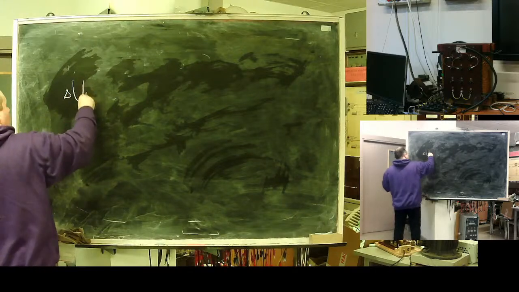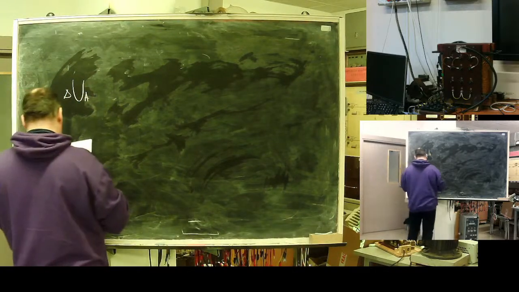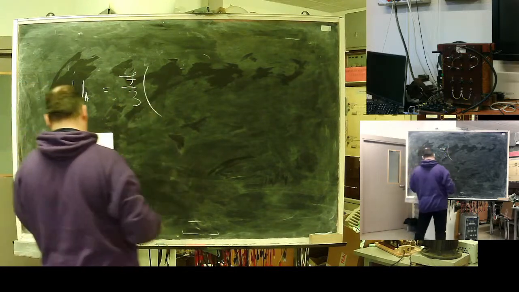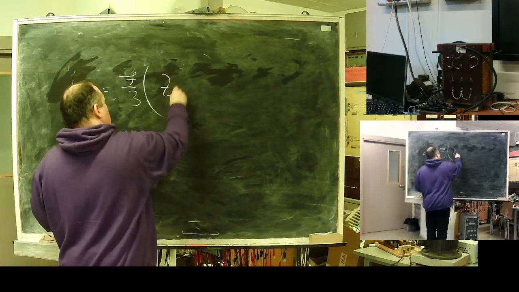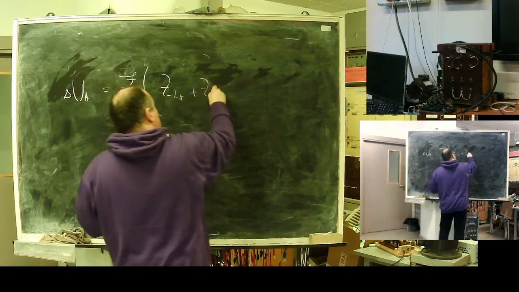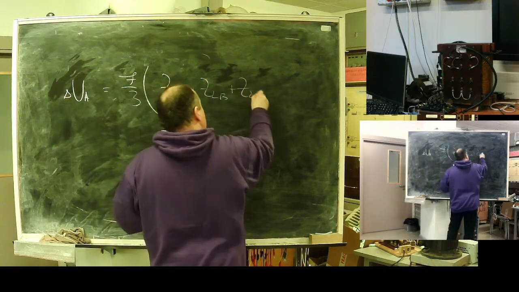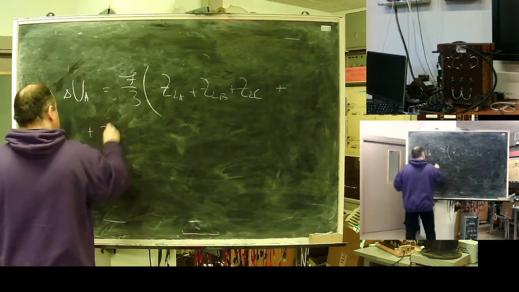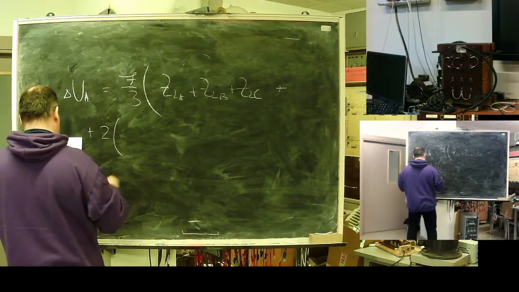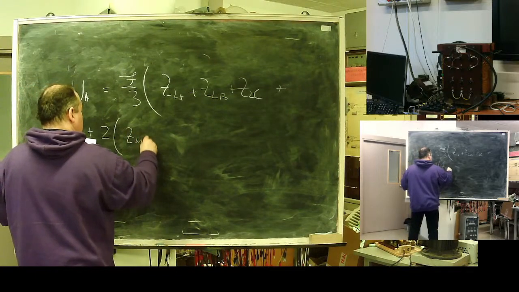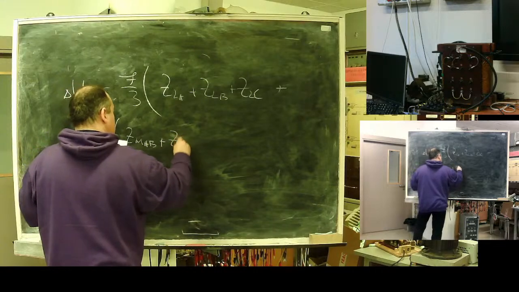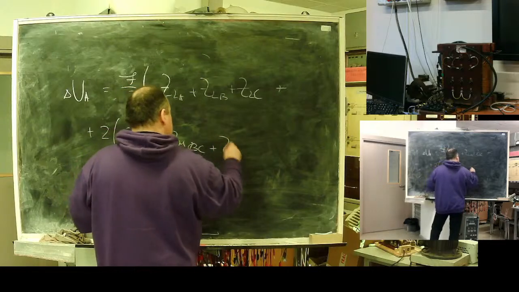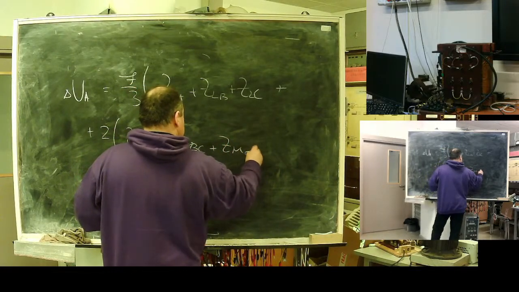For the full transposition circle, I will get 3 A plus AB plus ZAC plus double MAB plus ZMBC plus ZCA.